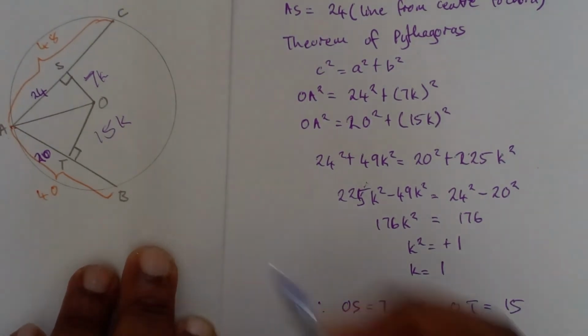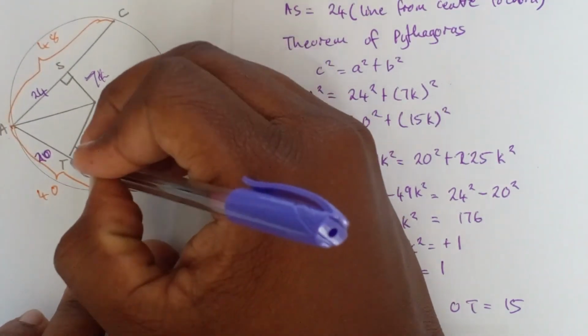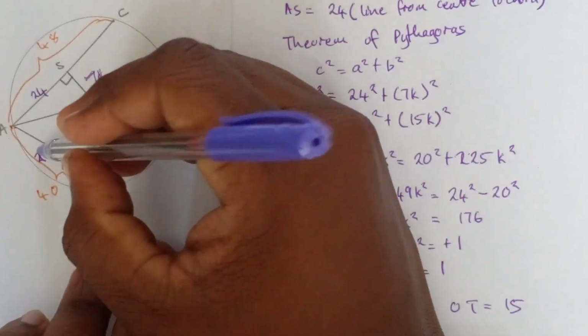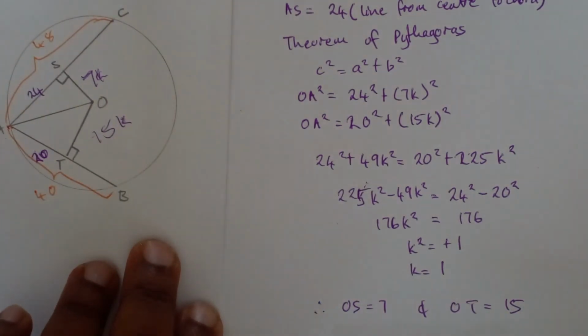Now that we know OS is 7 and OT is 15, we can use either of these two triangles, incorporate Pythagoras' theorem, and get the length of OA.